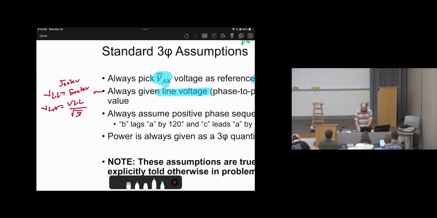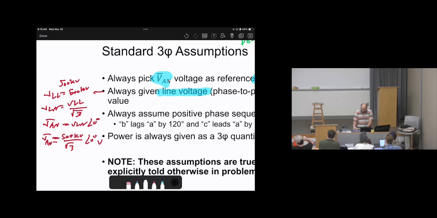After that, you will say that VAN equals V line to neutral angle 0 degrees, which is, in other words, 500 kilovolts divided by root 3 angle 0 degrees volts. VAN.